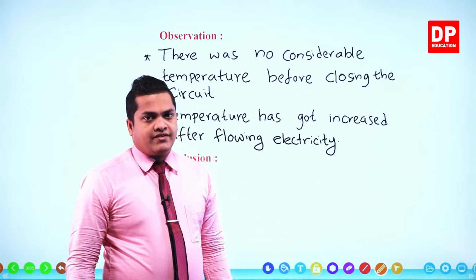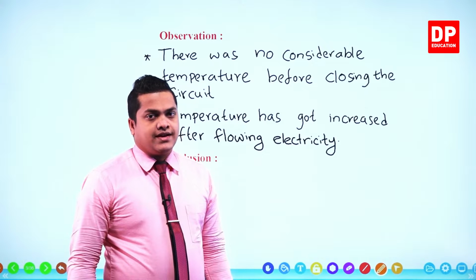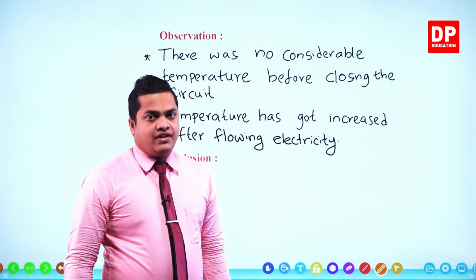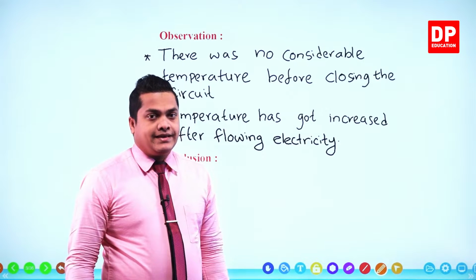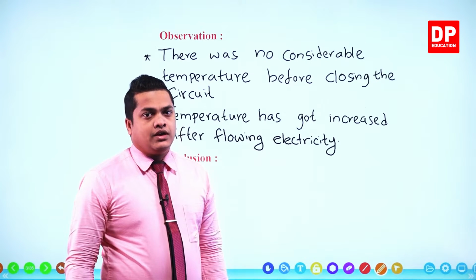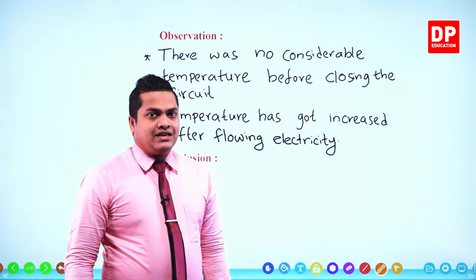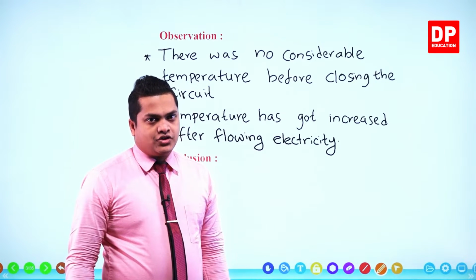So the conclusion that we can take from this experiment is that when providing electricity, filament bulbs are providing heat energy. So therefore, electrical energy or electricity is affecting heat energy.